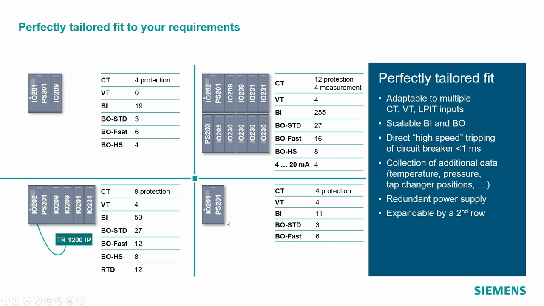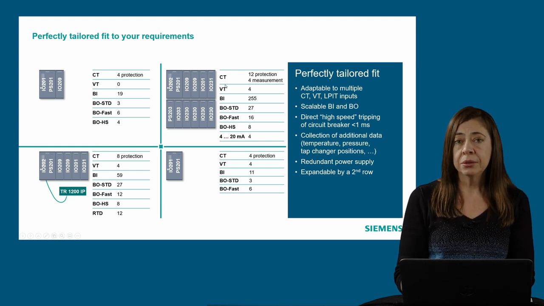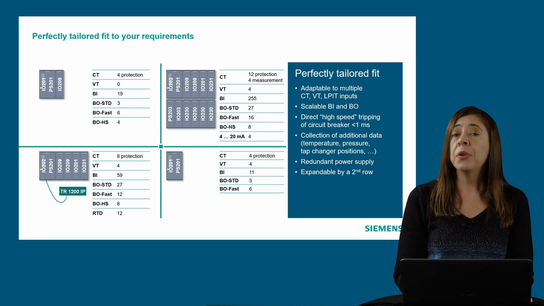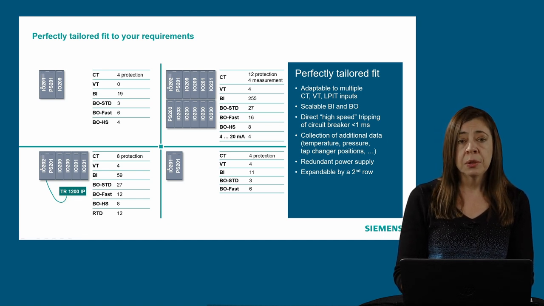You can extend this type of device to contain, for example, extra high speed contacts. You can even extend the merging unit to a second rack to increase the density of inputs and outputs. And you can also include some analog inputs for different types of sensors.